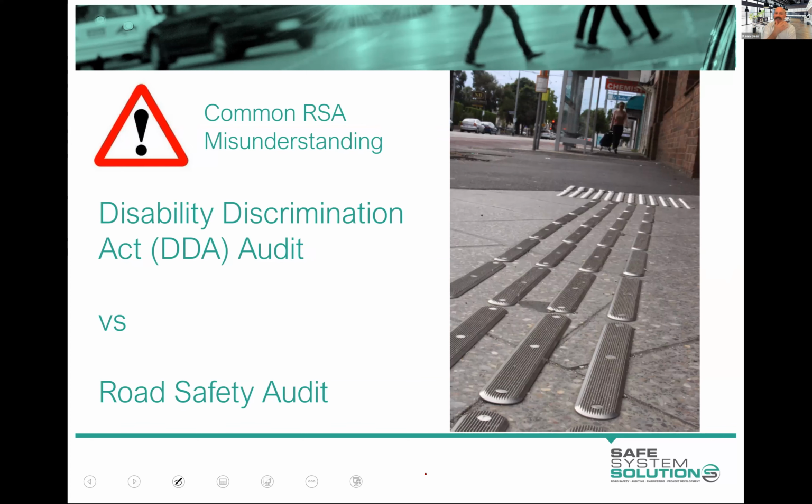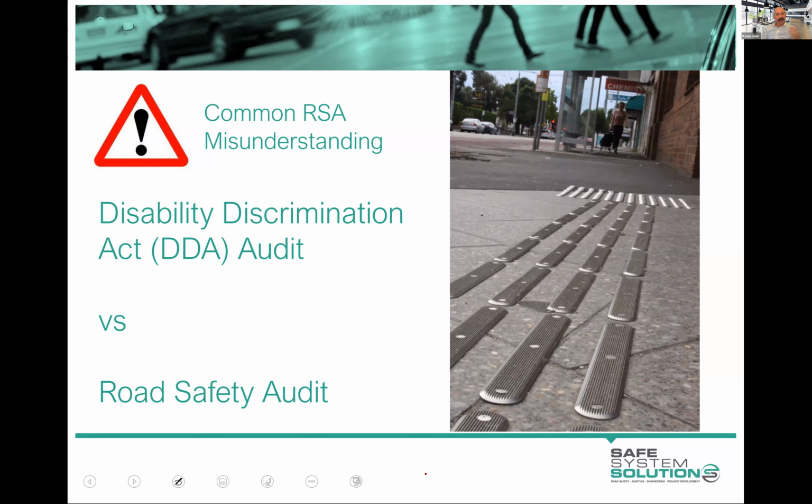But if you can't make that direct line, you go, they've got this slightly wrong, but it'll be like that for 500 years and it won't cause an issue, but technically it doesn't meet the Act, then you don't have any responsibility to put that into your audit. If you know the Act that well, you might make a little note, but it's probably not going to be risk rated. It's not going to be in your table. You might just add a friendly note: this doesn't meet the DDA code.